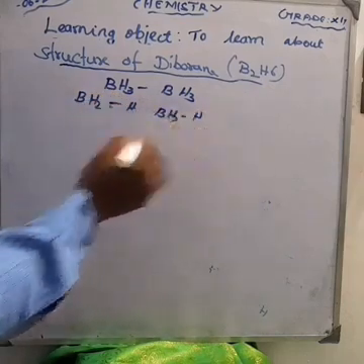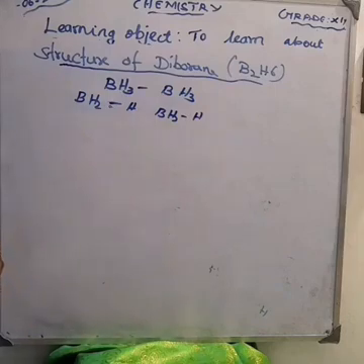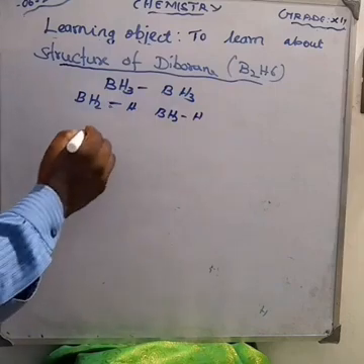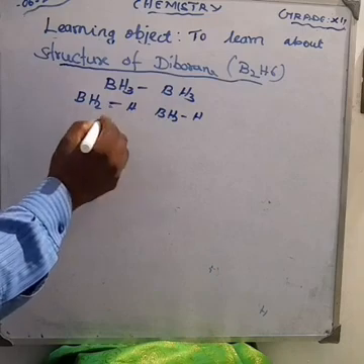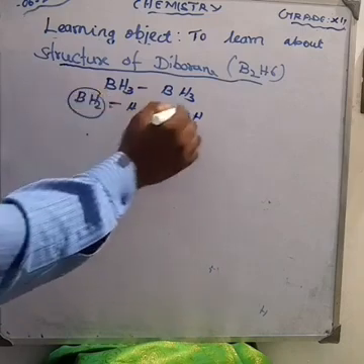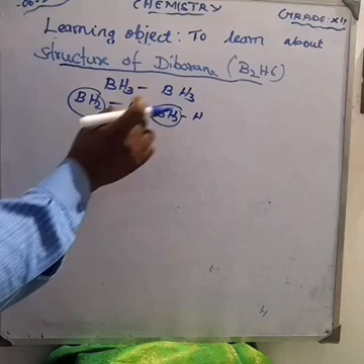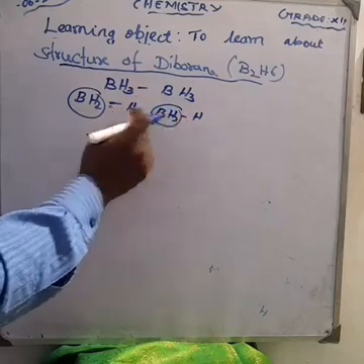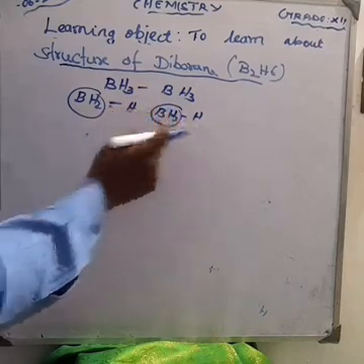So Diborane has 2 BH2 units. These 2 BH2 units are linked by 2 bridged hydrogen atoms.